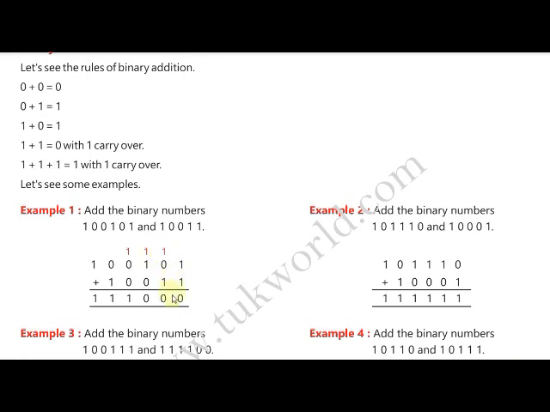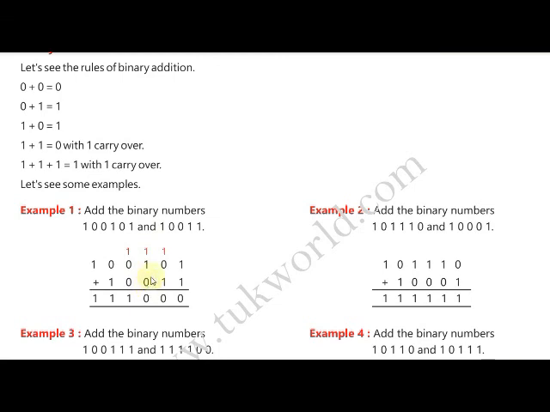Next that is 0 plus 1, and the value that is carried from our last calculation is 1. That means 1 plus 0 plus 1. Then what will be the output? That is 0. 1 plus 1, that is 0. And we have to carry 1 to the next digit.